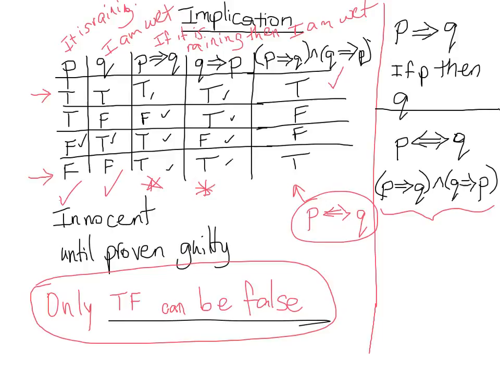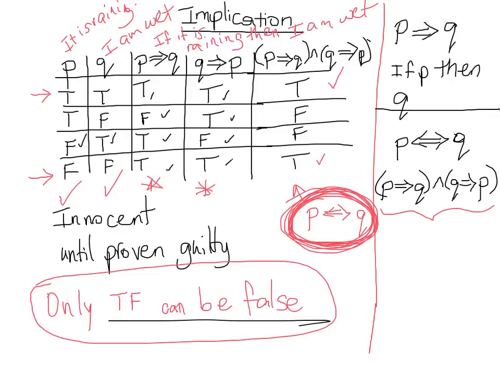Also, when they were both false, the implication right here was also true. So for this to be true, P and Q must be the same. So if you don't want to go through all the rows, you can remember that for P if and only if Q to be true, P and Q must be the same.